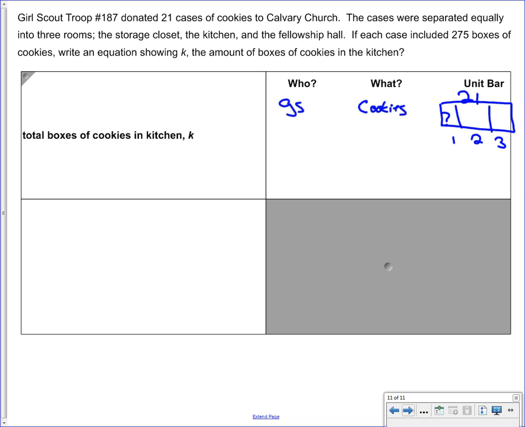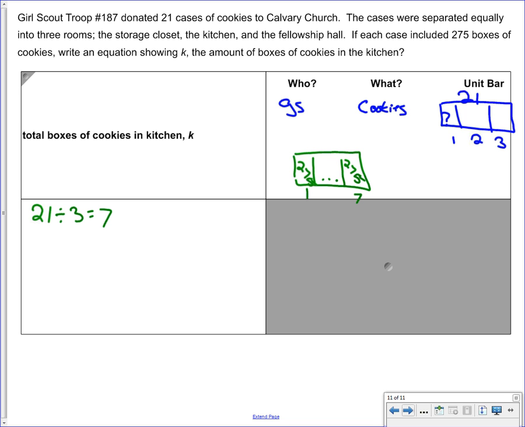We're looking for how many in each of those rooms. So first thing we're going to have to do is 21 divided by 3, and that equals 7. Okay, so we're going to rewrite that over here. So there's 7 cases. In each of those 7 cases, there are 275. That's 275.